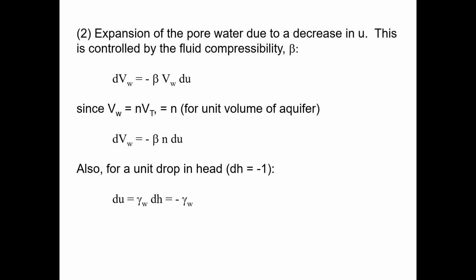du is equal to gamma water times DH, which is equal to minus gamma water. So if we plug in minus gamma water here for du, we end up with the change in volume of water is equal to beta times the porosity times the unit weight of water.